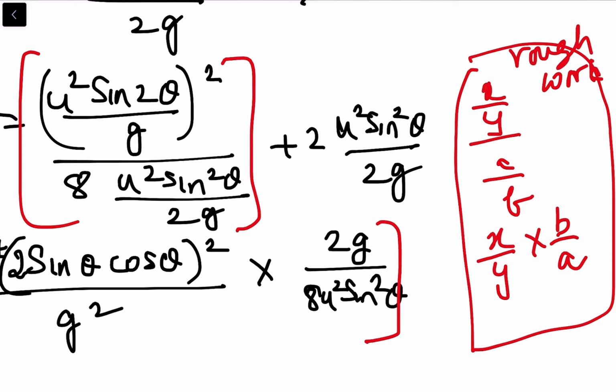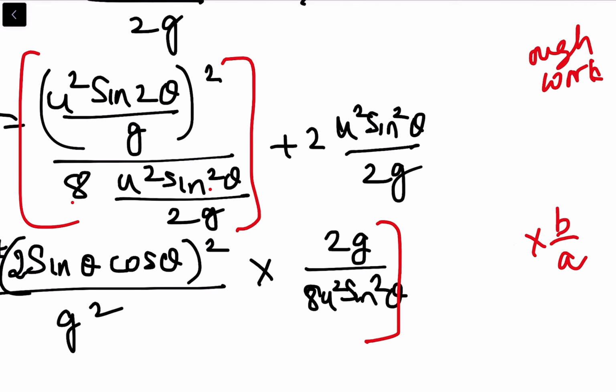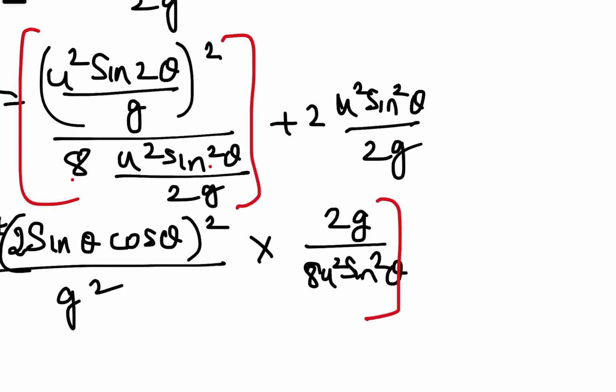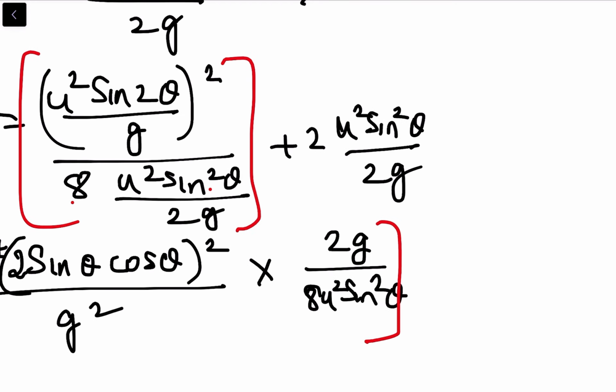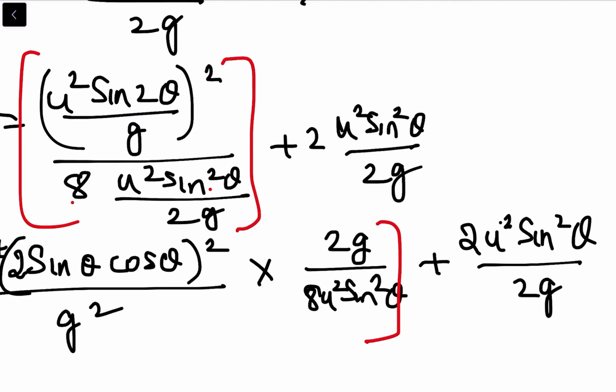In the similar way, this 2g which is here will go up, and 8u square sine square theta will be in the denominator. So this is what we have taken here, and then let's proceed with this one. After that we have plus 2u square sine square theta by 2g.